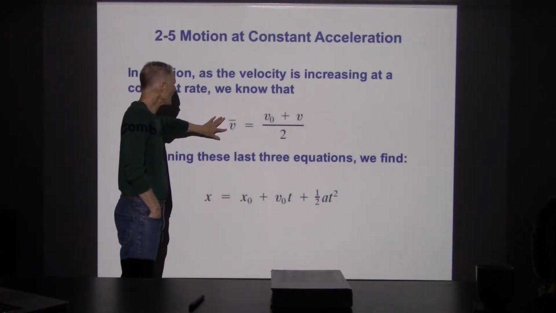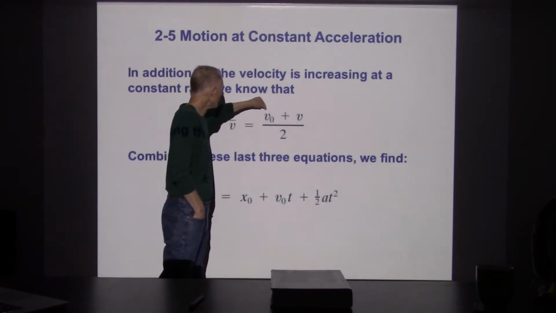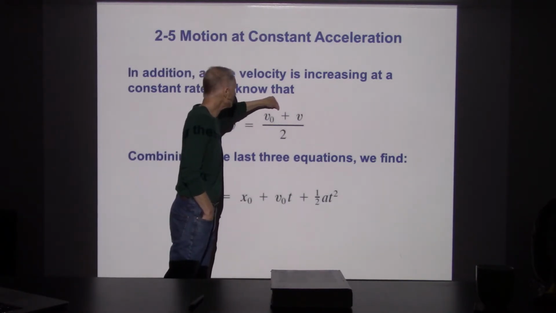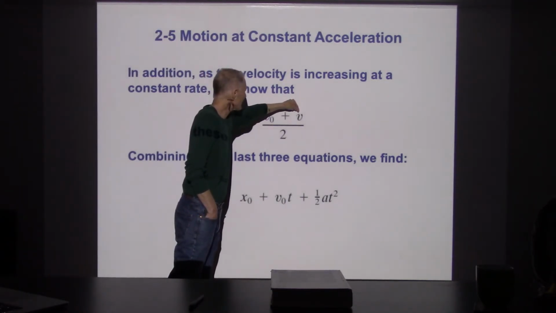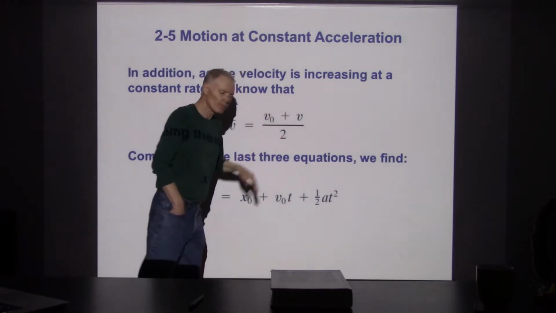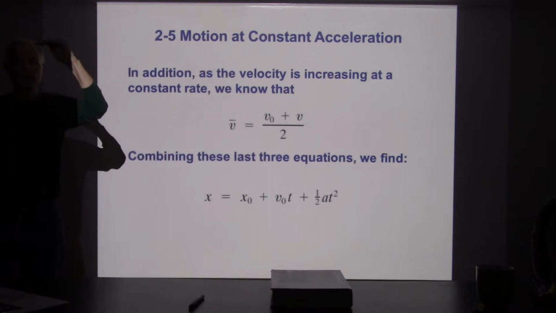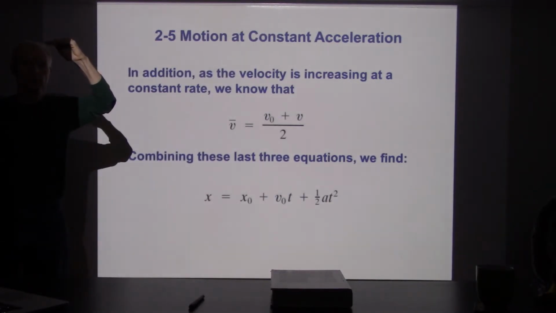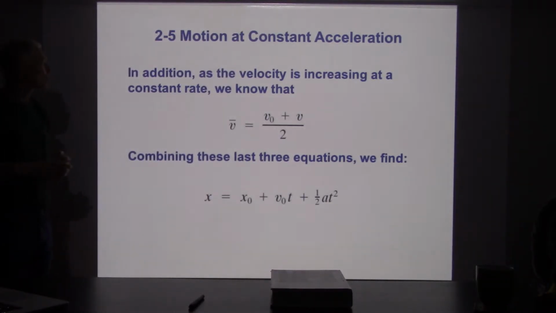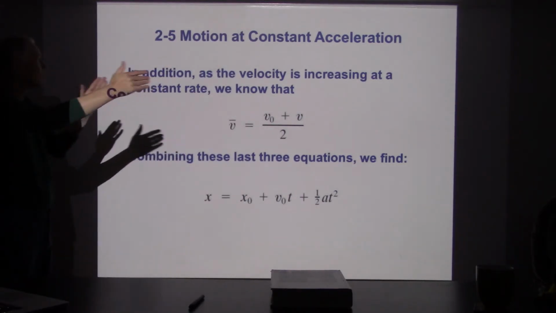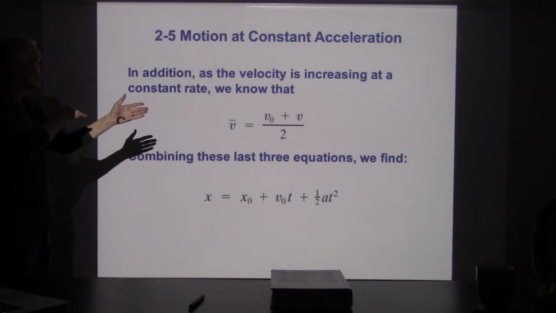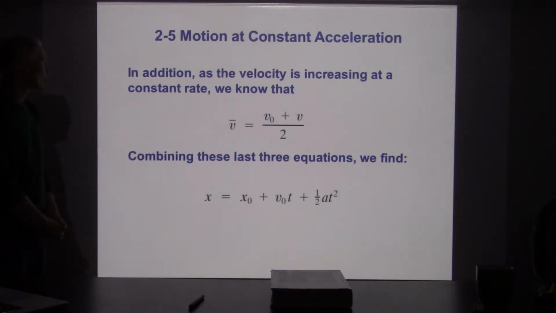The average velocity then can be found by taking some starting value, adding together some final value for velocity, and dividing by 2. Because the velocity was increasing steadily, it was increasing linearly, the average value during an interval is found by taking the final and initial velocities and finding the average value.